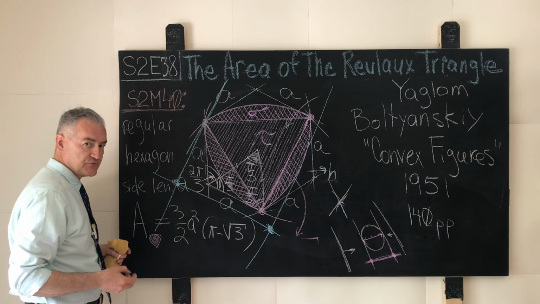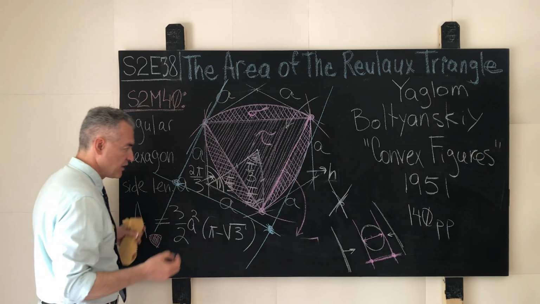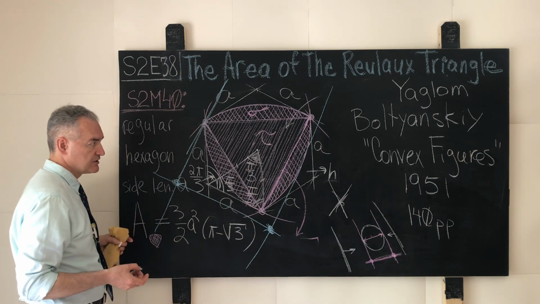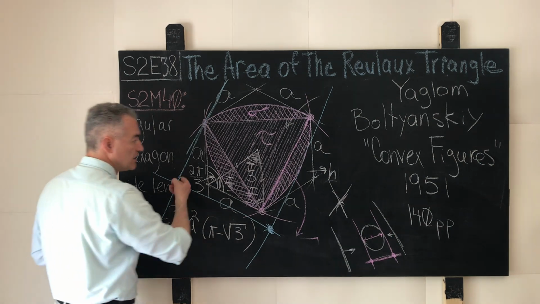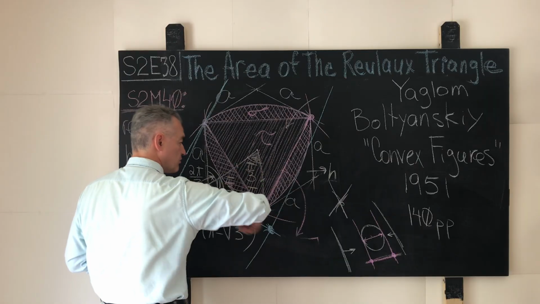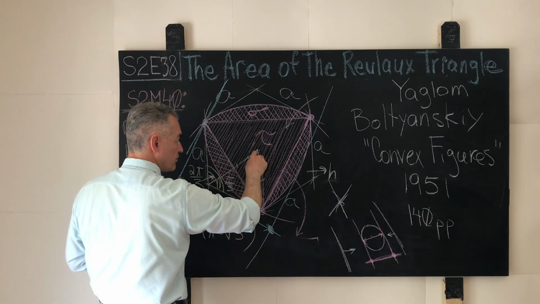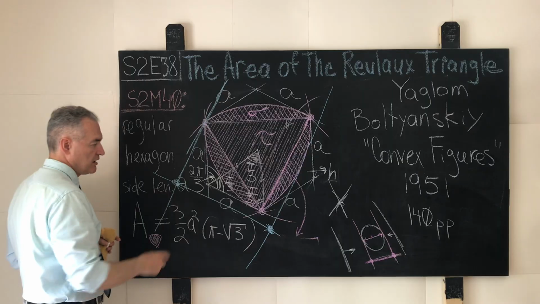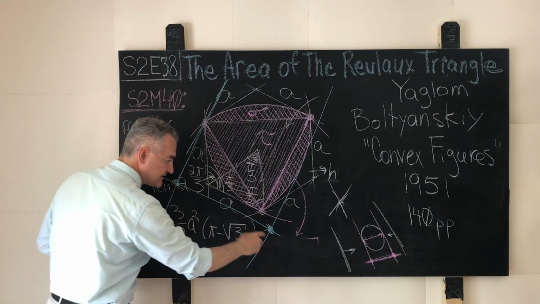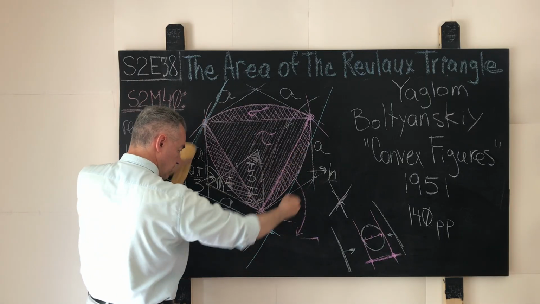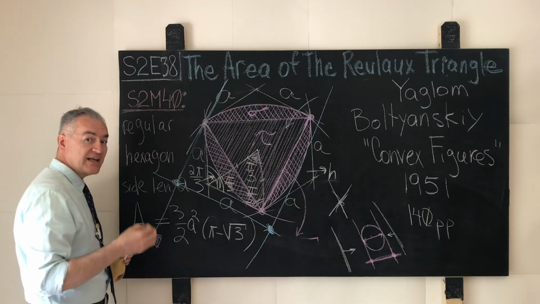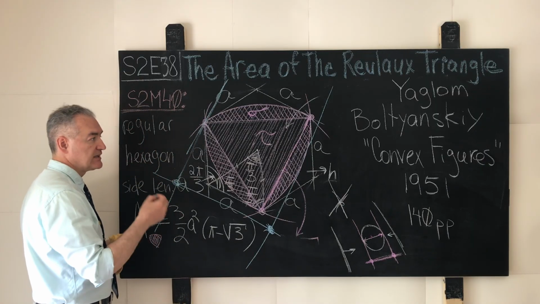There are all sorts of animations available out there done with professional software, but it doesn't really take that much imagination to see played out in your mind's eye. Rotate this contraption around the center of the Reuleaux triangle and envision that the distance between these two blue parallel straight lines will be one and the same. It will not actually change.